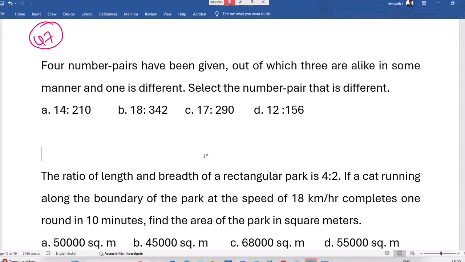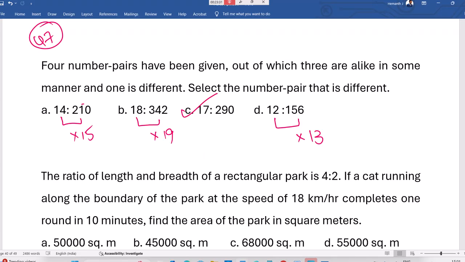Yes, what's the logic? 17, 290, 12, 156. This is N. Listen, what is 12 next number? 18 next number? 14 next number? This is the odd one out. 17 next number 18. 17 into 18 is not 290.